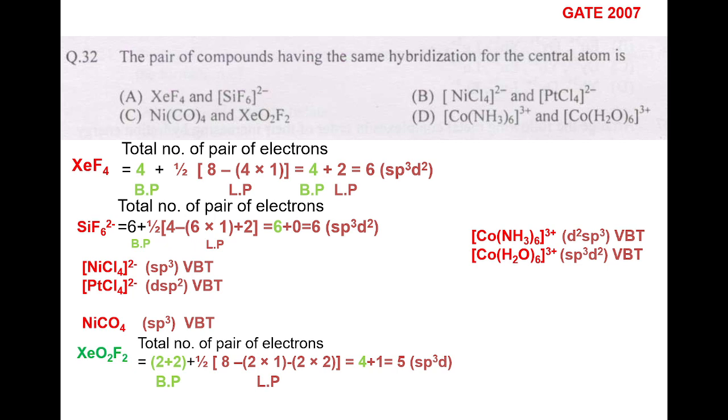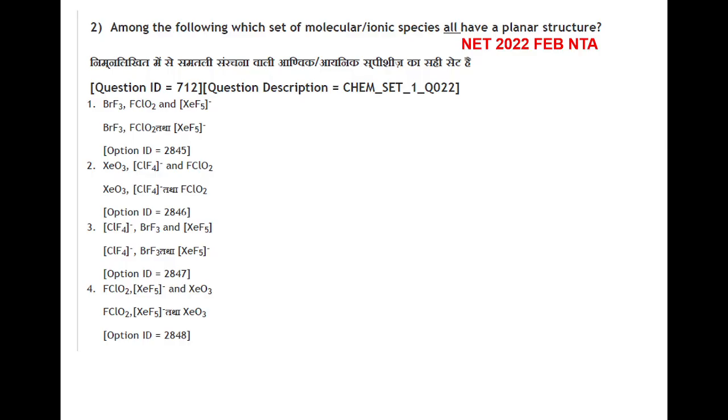So the answer is A. A is the correct answer. In this way, if you get the total pairs of electrons, indirectly you will get the hybridization of the central atom.